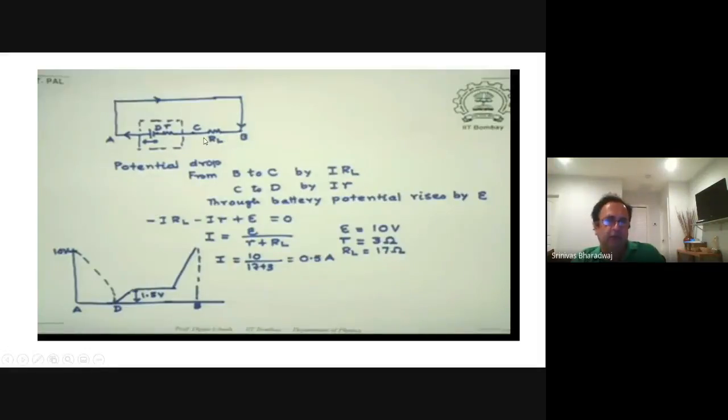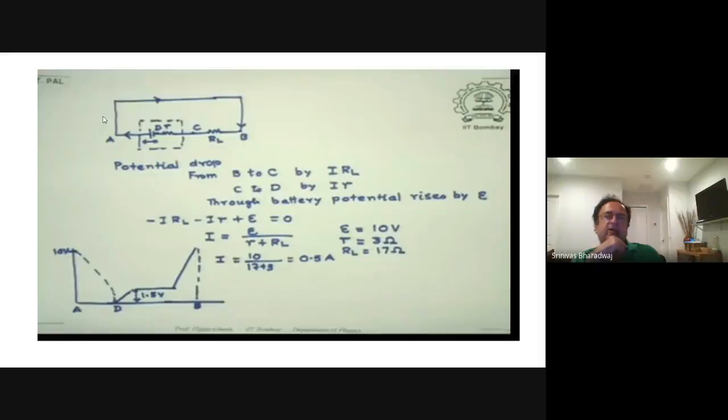When you go around the whole loop, and you have current flowing in the direction of a resistance, there's a drop. So negative I times RL, negative I times little r, plus, when you go from negative to positive, it becomes plus E, where E is the electromotive force of the battery, will equal 0.